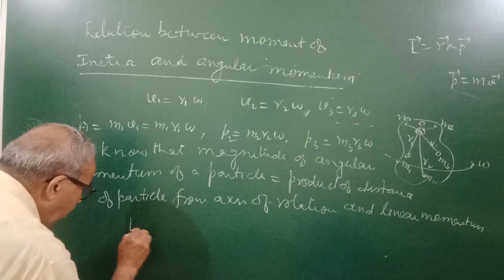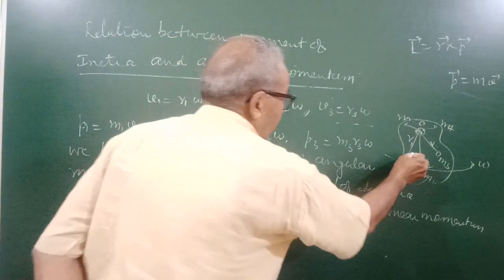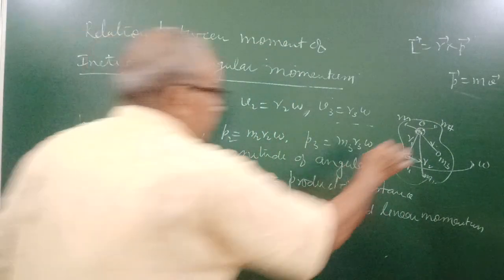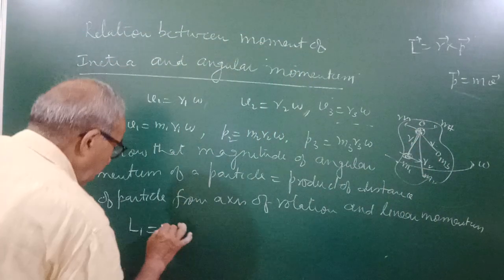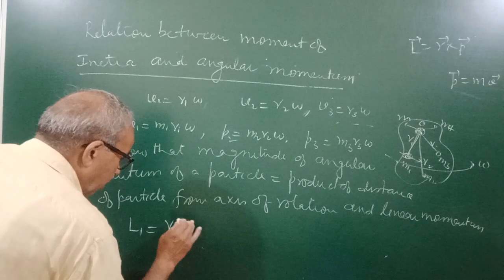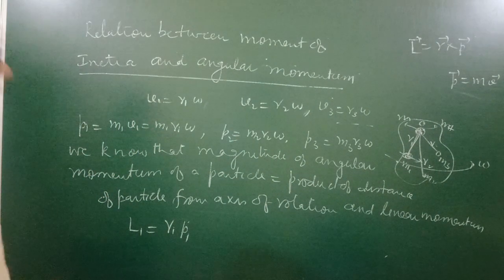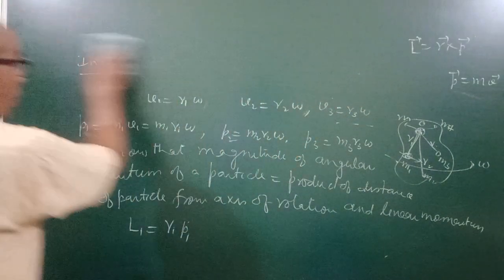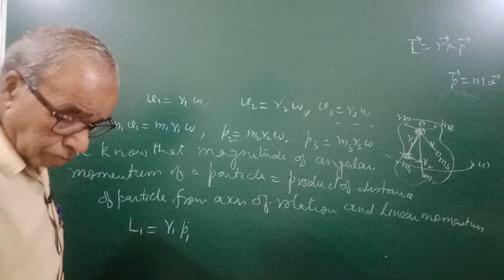So L1, यानी कि angular momentum of mass m1, will be, इसका distance कितना है, r1 into P1. I am taking only magnitude. P1 equal to m1 r1 omega.